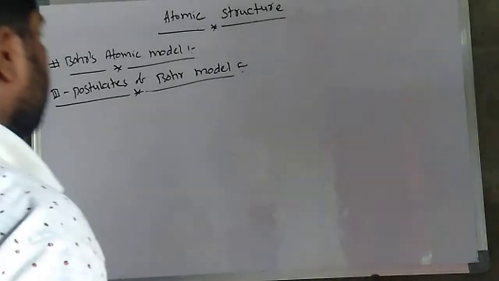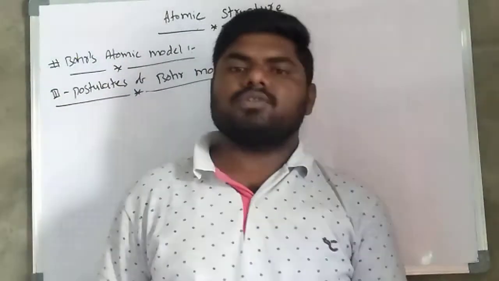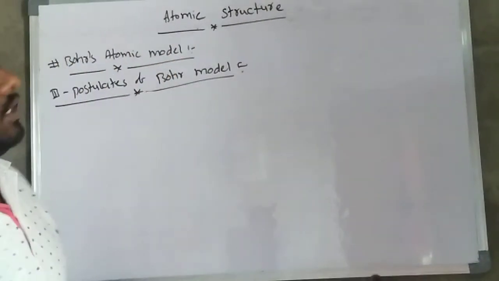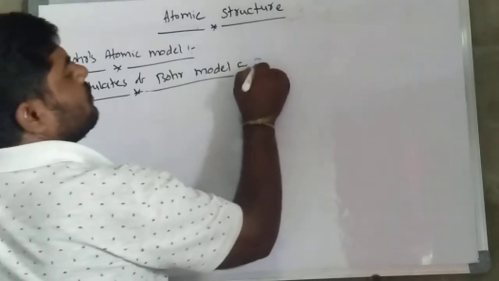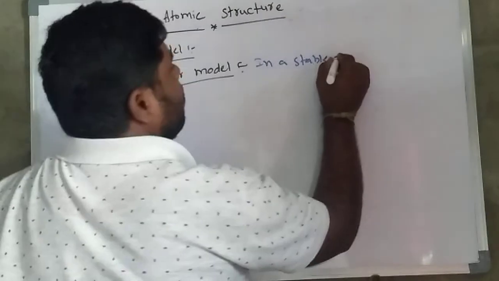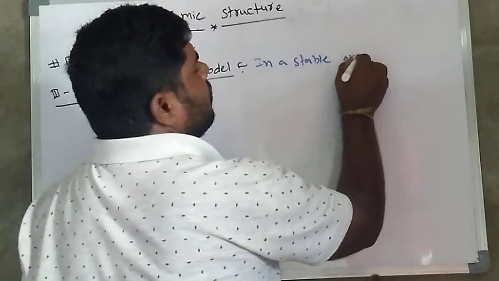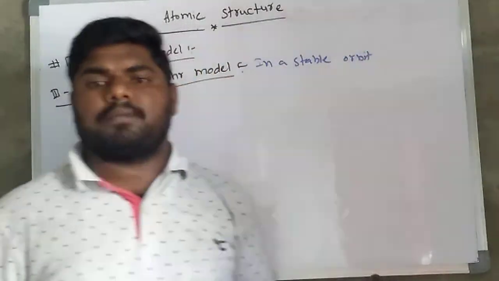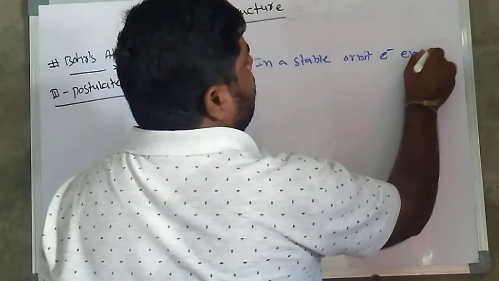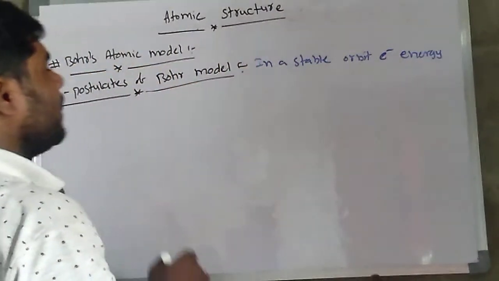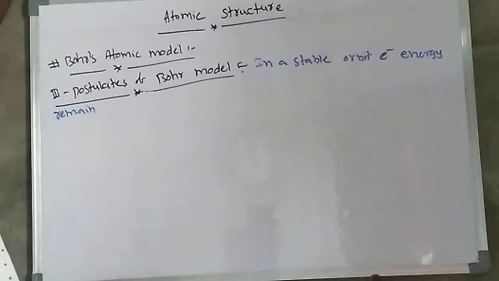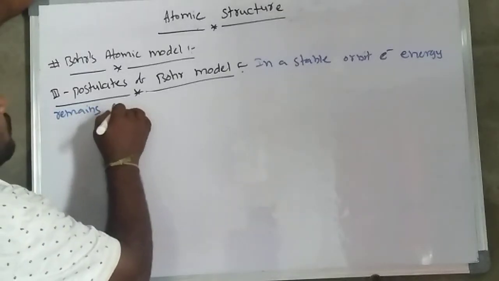Now the third postulate of Bohr's model: in a stable orbit, the electron's energy remains constant.